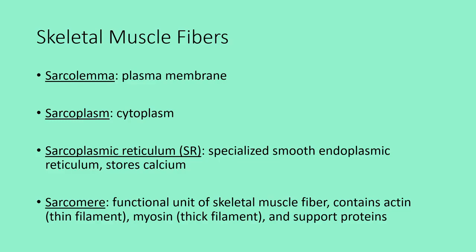And then the sarcomere is, excuse me, the functional unit of the skeletal muscle fiber. The sarcomere is going to contain the actin, that's what we call the thin filament, the myosin, which is the same thing as your thick filament, and then some supporting proteins, troponin and tropomyosin, that we'll see when we talk about the muscle contraction itself.